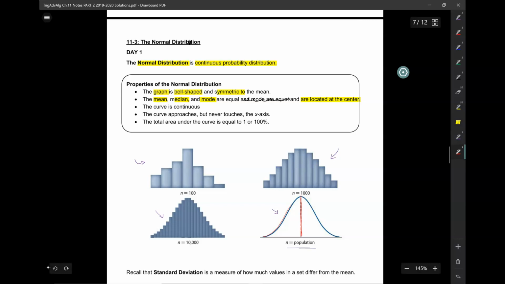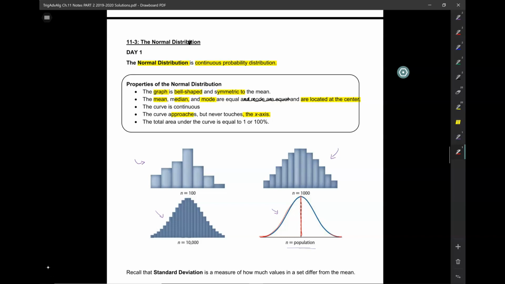We said the curve is continuous. The curve approaches but never touches the x-axis at the very bottom here, similar to our exponential functions. The total area under the curve is equal to 1 or 100%.